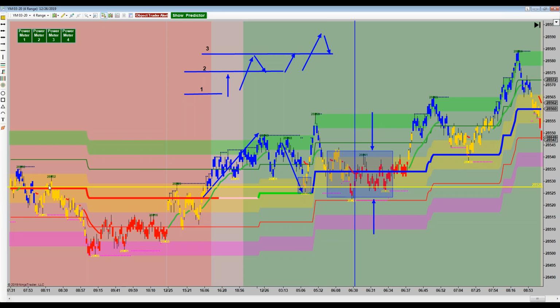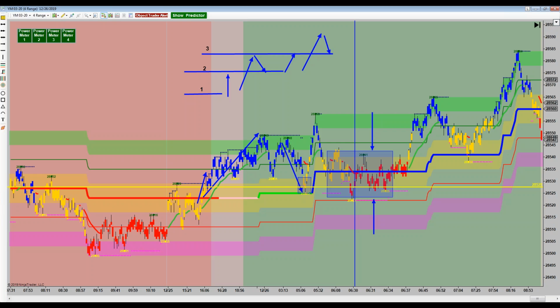You can see that it hits its head, comes down, comes up, hits its head, and then what does it do right here? Of course, it goes from being resistance to now becoming support. You punch through it, you took the stair, you took the elevator, and you're through that resistance level now. You're up to the next level. Yes?